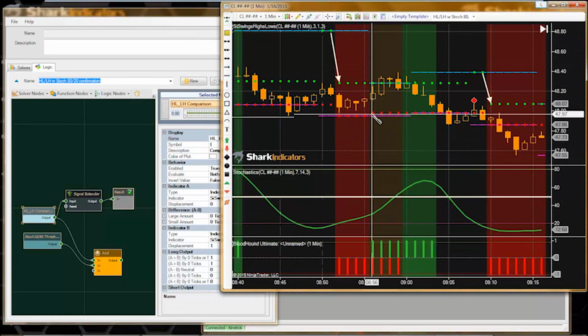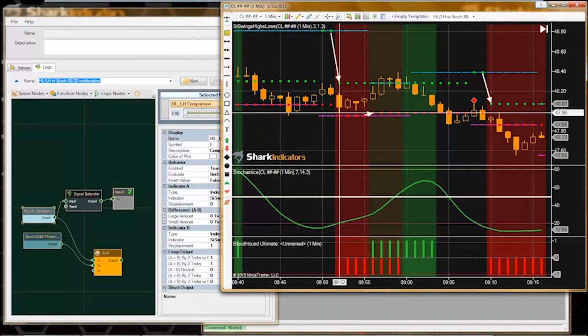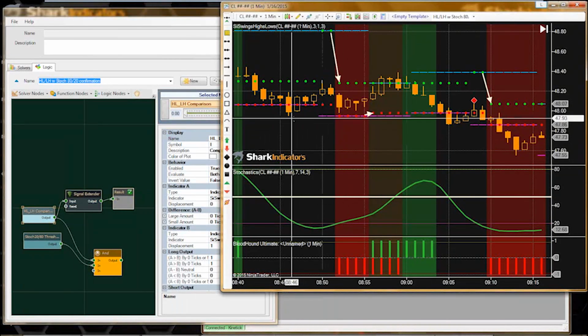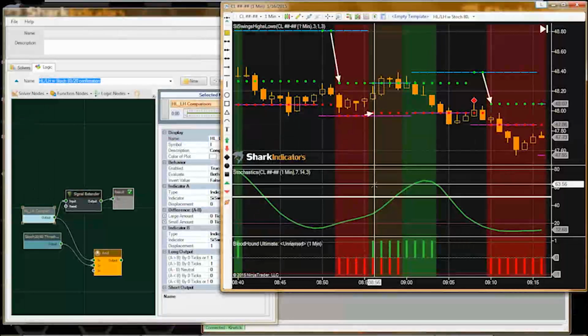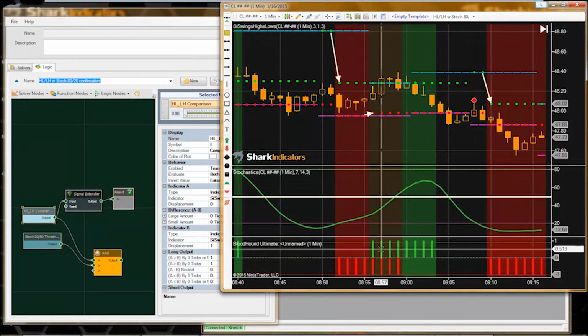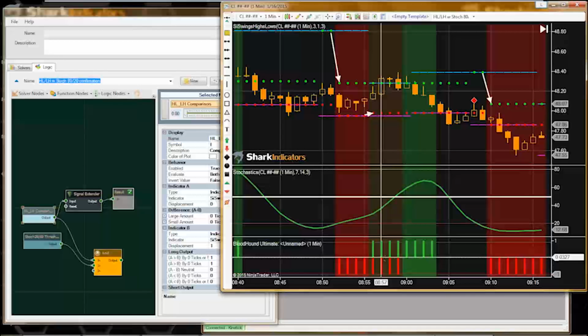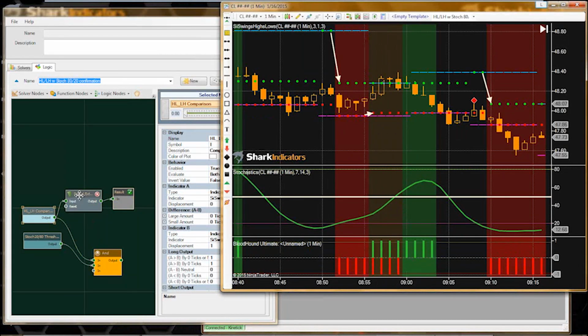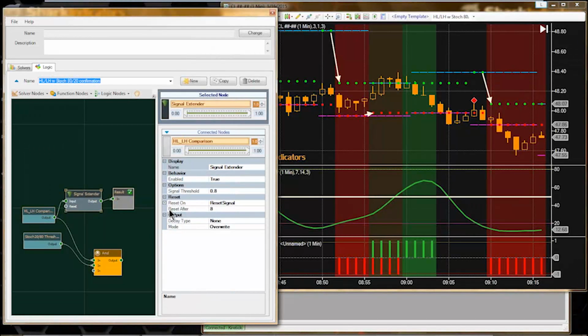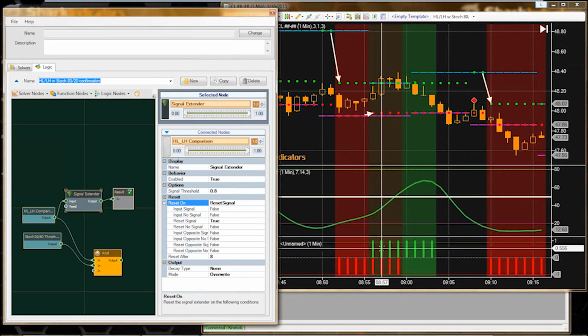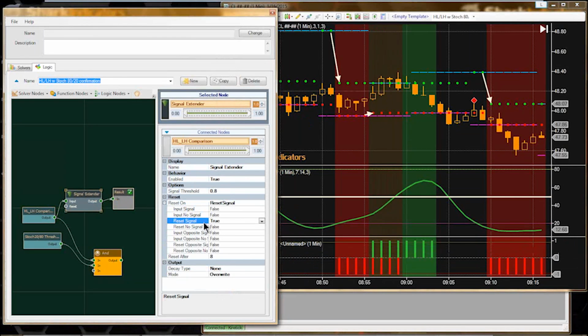Look at this, price just made a higher low by a tad bit, and the indicator detected that, so it gave us a long signal at the same time. So we have these overlapping signals here, which may be undesired. I don't know exactly how this is being used. If we want to get rid of this overlapping long and short situation, we can use one of these resets to do that. I don't think we want the reset signal, so I'm going to turn that off.